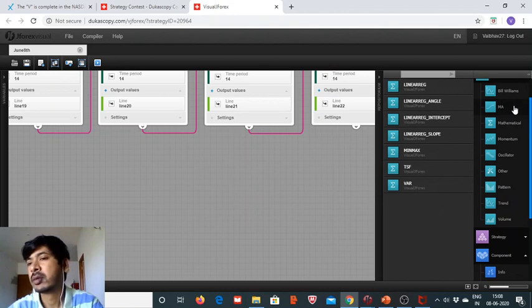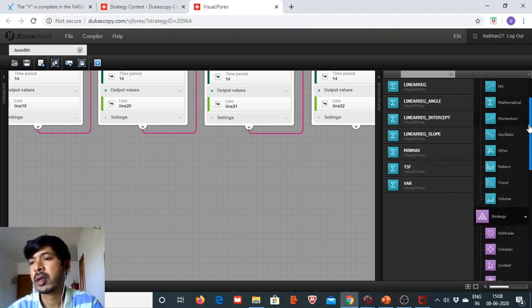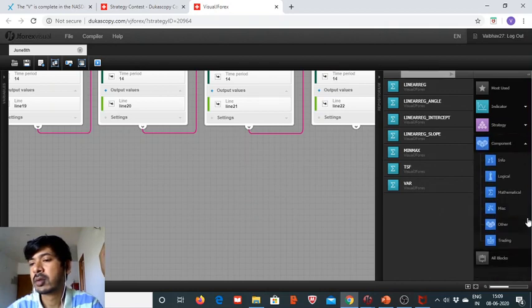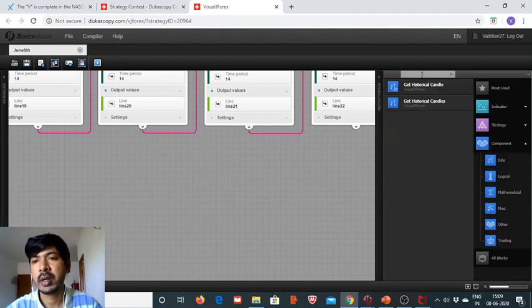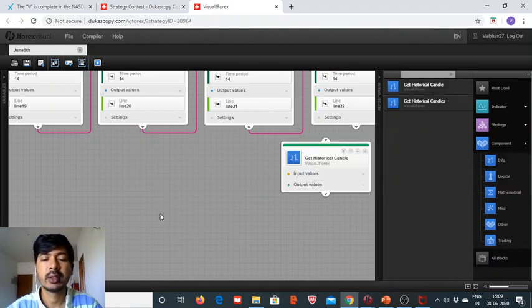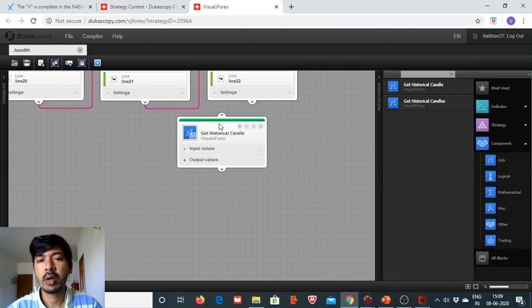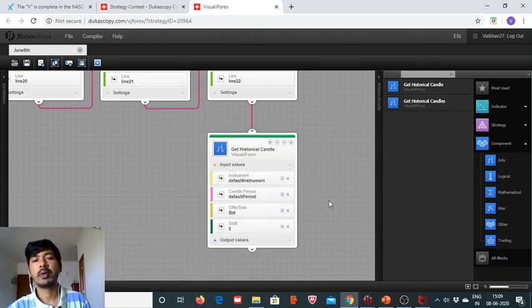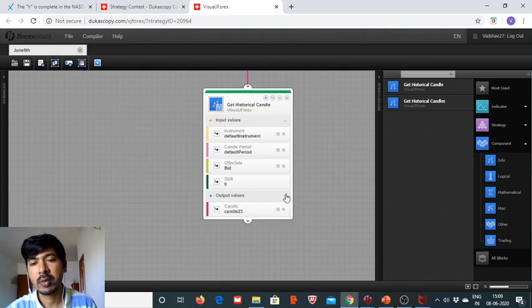So we look for the info section here, and here we have these historical candles. We will need 6 in all, 4 for hourly data and 2 for precise entry and exit points. And then with the help of all this data, we will be able to make a rational decision in most of the cases.